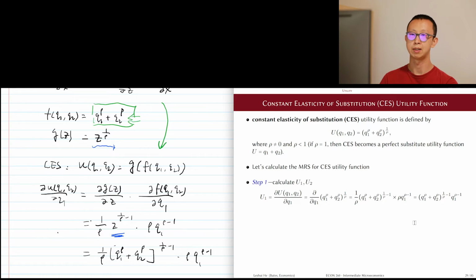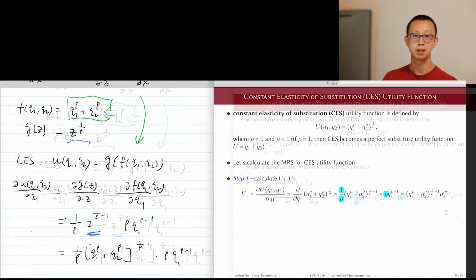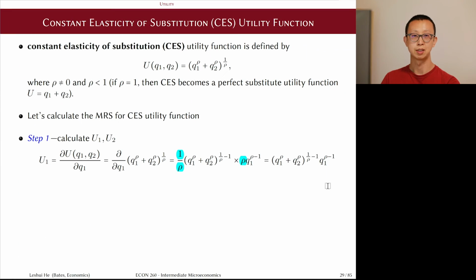Now you can simplify this a little bit, because we have a rho here and we have a 1 over rho in the front. So they will just cancel out and the expression becomes slightly simpler. It isn't as pretty as the marginal utility with the Cobb-Douglas utility function, but let's bear with it for now.